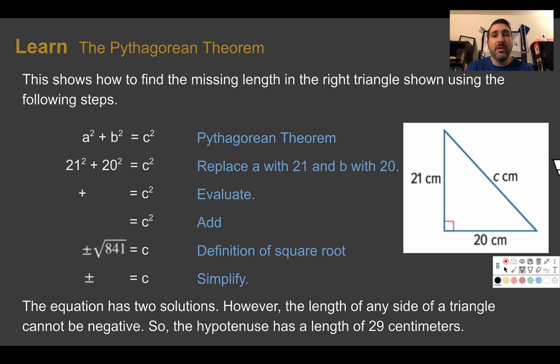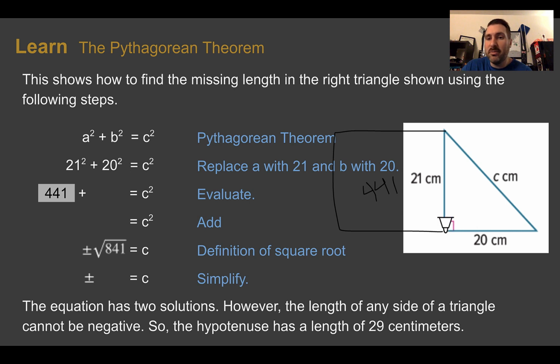This shows how to find the missing length in the right triangle shown using the following steps. So again, the Pythagorean theorem is A squared plus B squared equals C squared. So if we were to take the square for 21 to the second power, 21 times 21 is 441. So the area of that square on that side is 441.